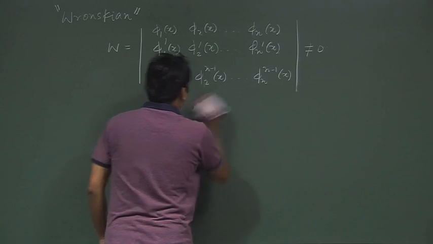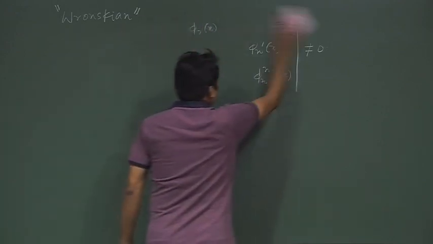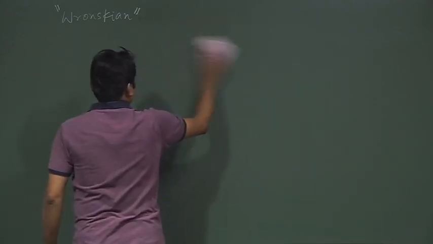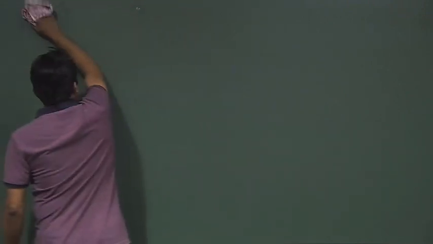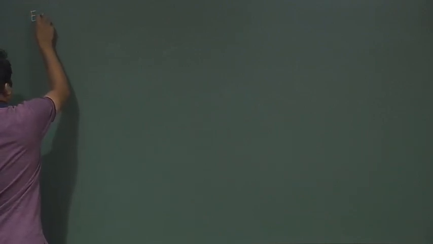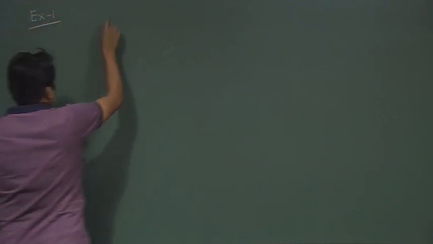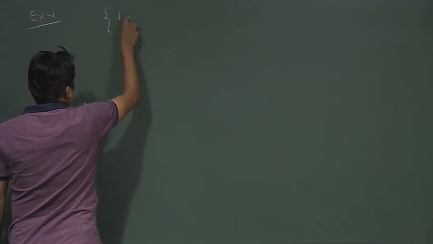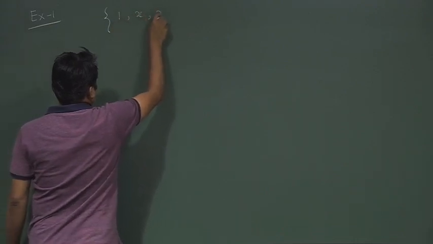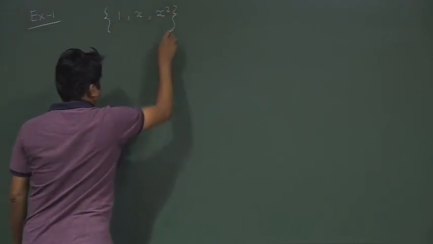Now, let us go back to some examples. Example 1. Let us take a set of three functions: 1, x, x square.